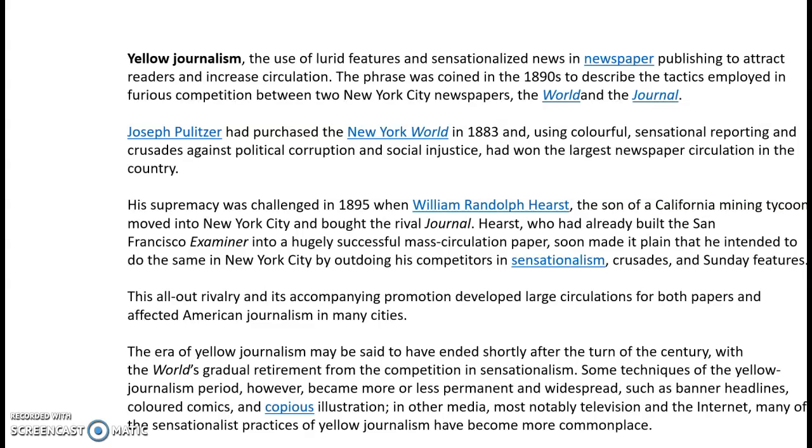Here's a little piece on that, phrase coined in the 1890s. Hearst and Pulitzer both were publishing in New York, and so they tried to outdo each other with sensationalism, crusades of one kind or another, Sunday features, comics, things like that, yellow journalism.